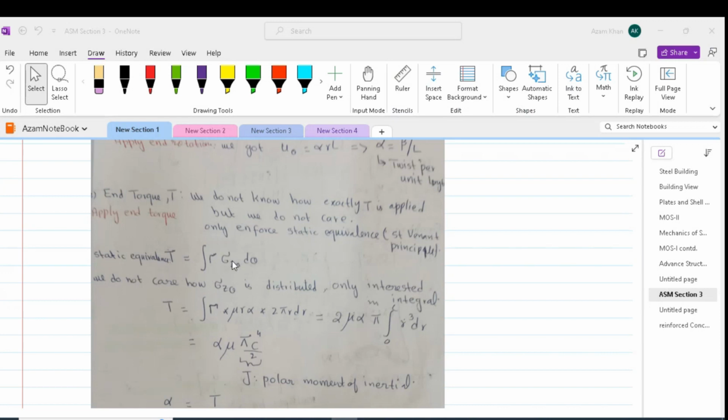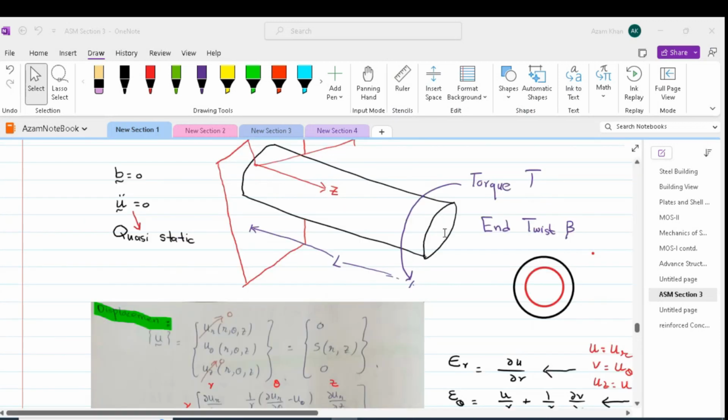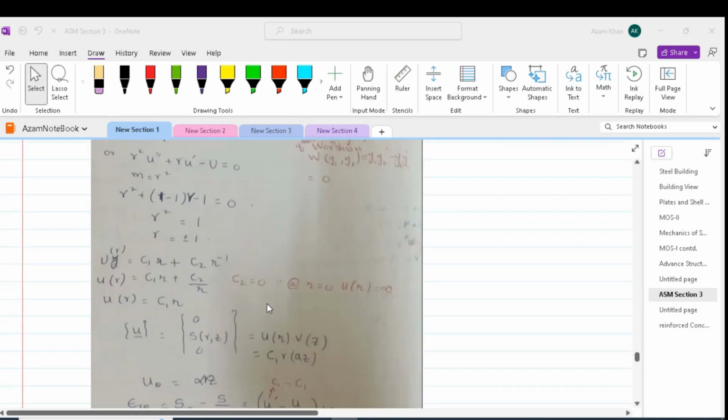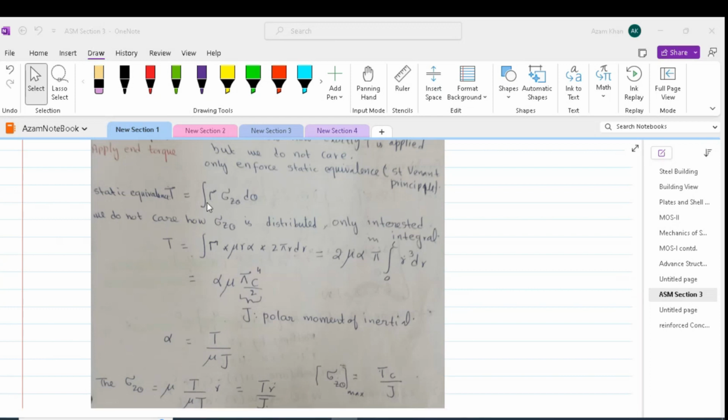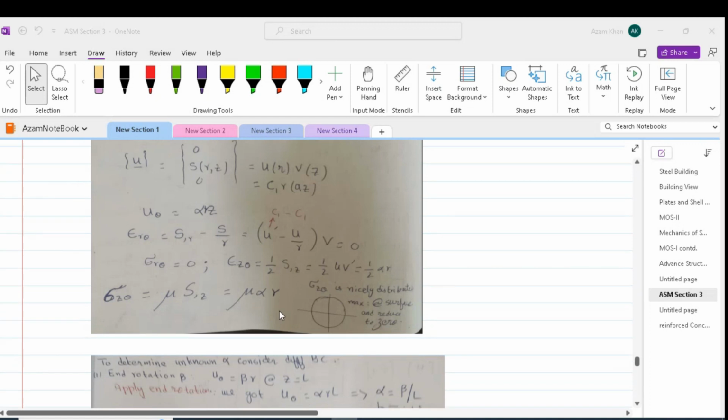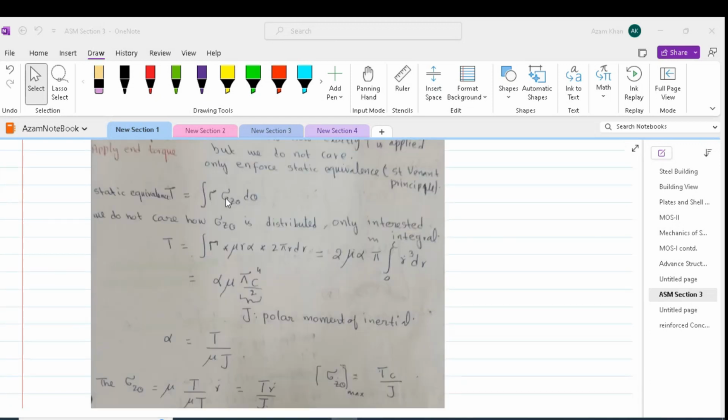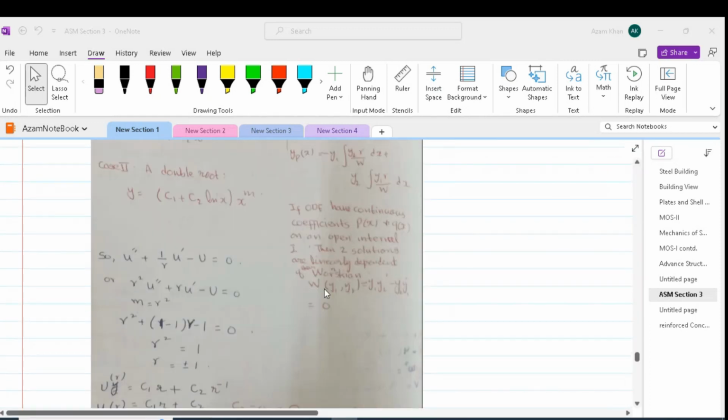Thus, our torque is equal to the integral of sigma z theta, which is the internal stress, times r d theta, and that integral has to be applied from 0 till 2 pi. Thus, putting the value of sigma z theta, which is mu alpha r, and multiplying the stress with an area 2 pi r dr, we get 2 mu alpha pi r cubed dr. And finally, we reduce this to alpha mu pi c^4 by 2, c being the radius of the cylinder.